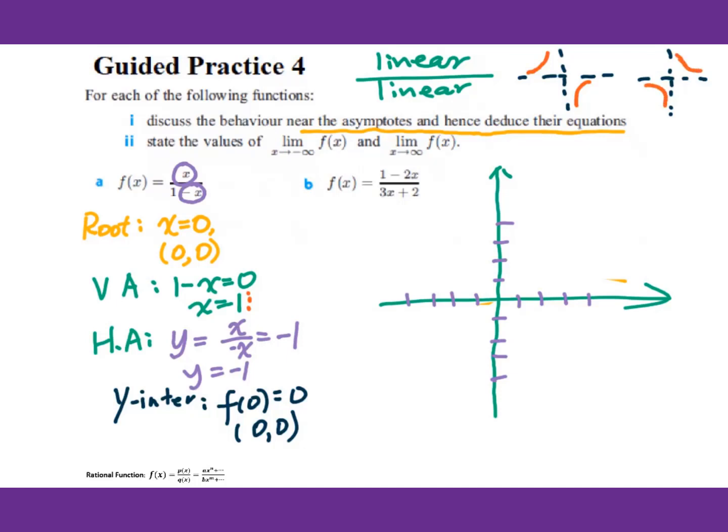So basically, we need to draw the vertical and horizontal asymptote lines. X equals 1, we draw like this. Y equals negative 1, it's like this. And for the root, that's 0, 0, it's here. You can predict the graph like this.